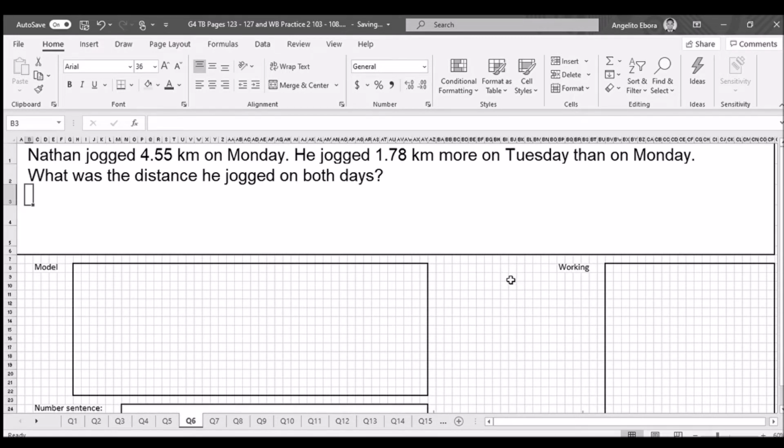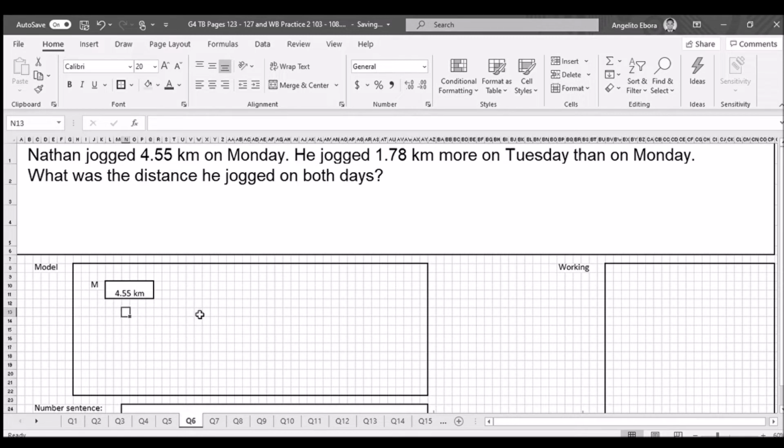Okay, Nathan jogged 4.55 kilometers on Monday. He jogged 1.78 kilometers more on Tuesday than on Monday. What was the distance he jogged on both days? Okay, so we have 2 different days, Monday and Tuesday. So let's say this is Monday. He jogged 4.55 kilometers.